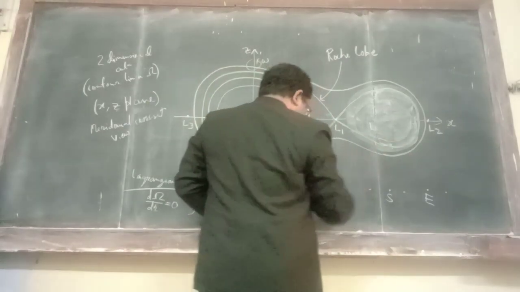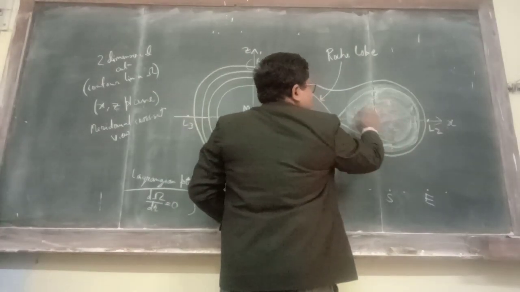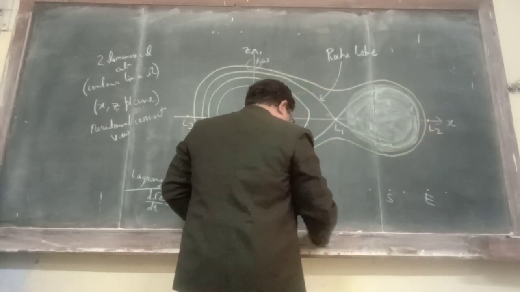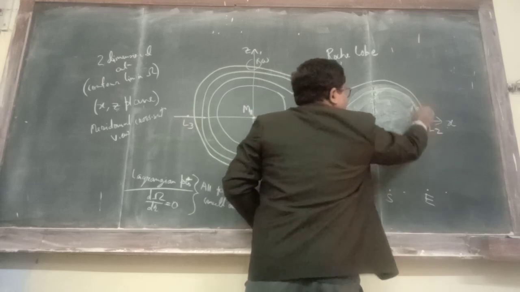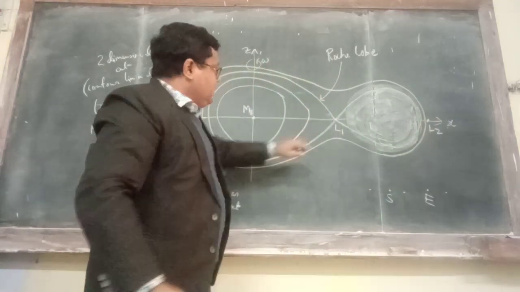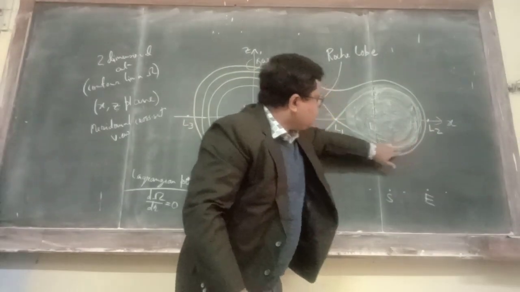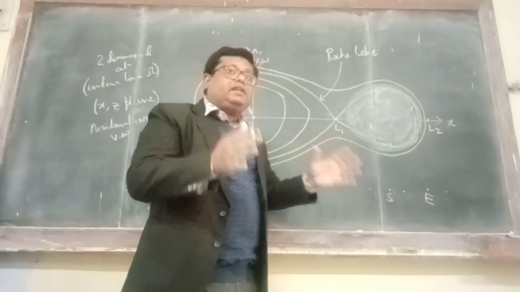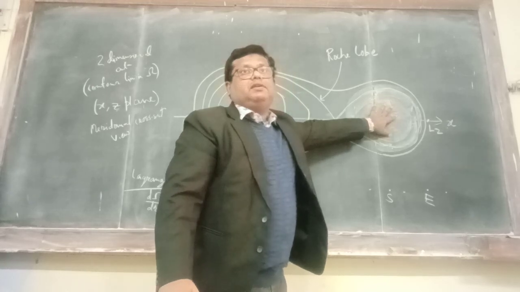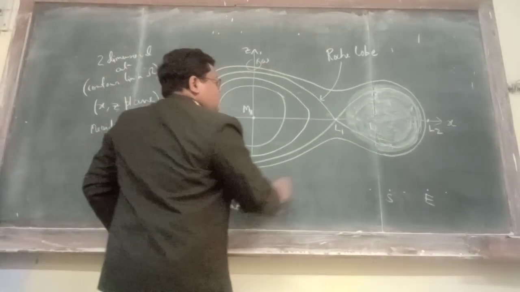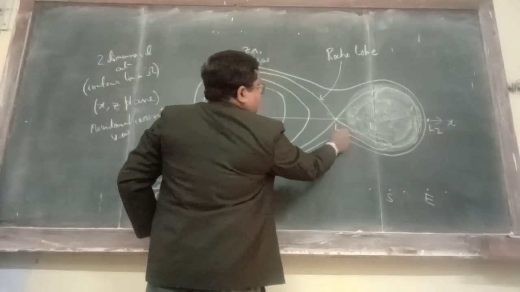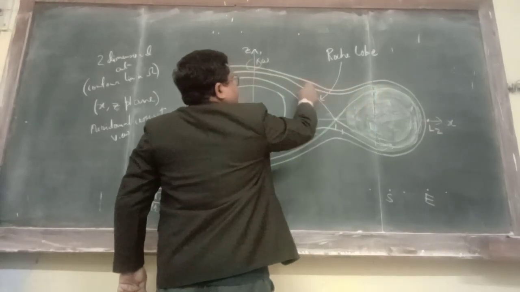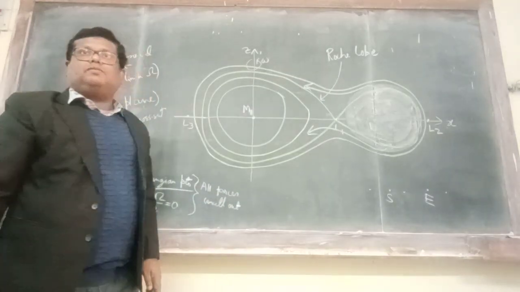Now, this part of the envelope of this M2 star, the entire mass which has exceeded this Roche Lobe, what will happen to this? This mass which has exceeded the Roche Lobe will lose the gravitational field of this mass. And as a result, all this extra mass will slowly come towards this binary star system.